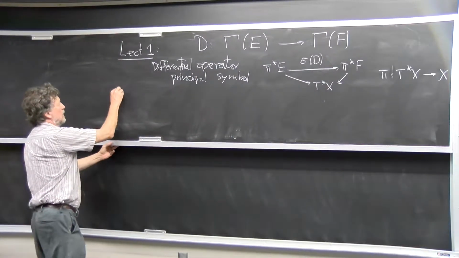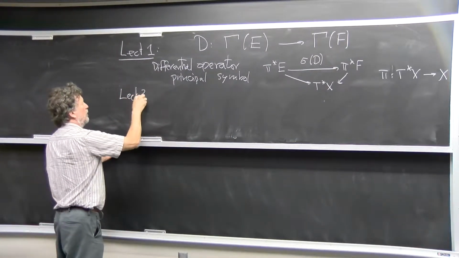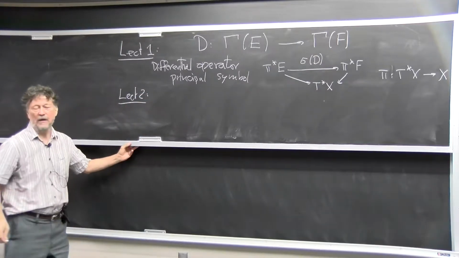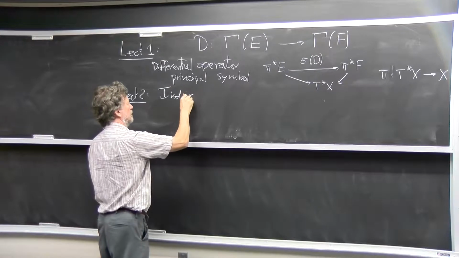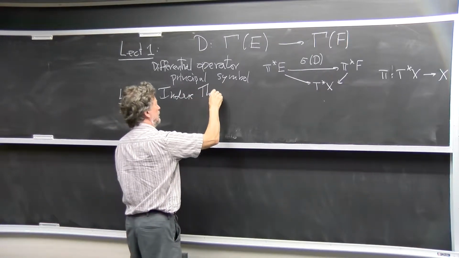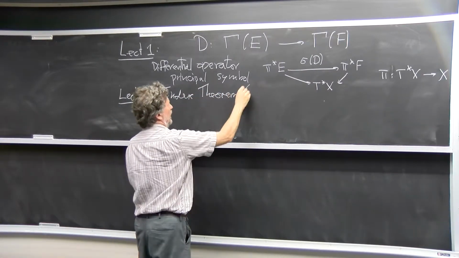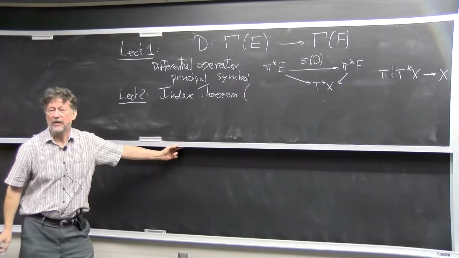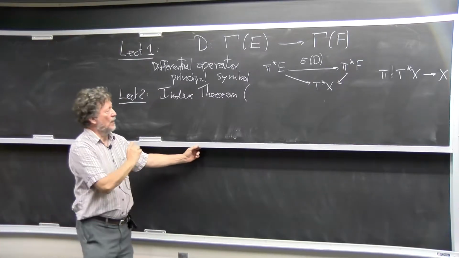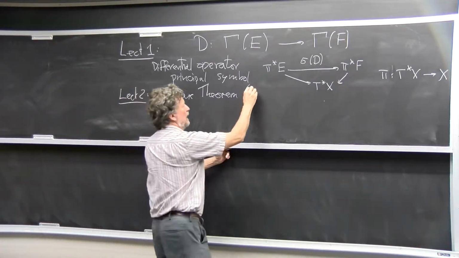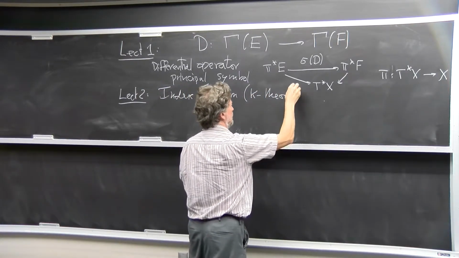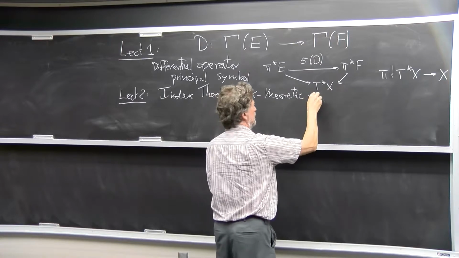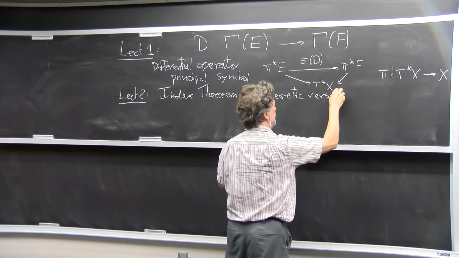Then in lecture 2, we formulated a particular version of the index theorem. Then there are different versions of the index theorem out there. In lecture 2, we talked about the K-theory version, or K-theoretic version of the index theorem.